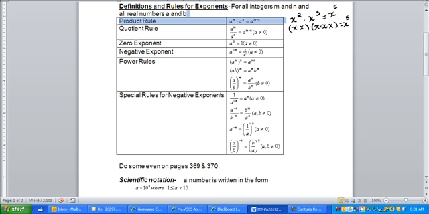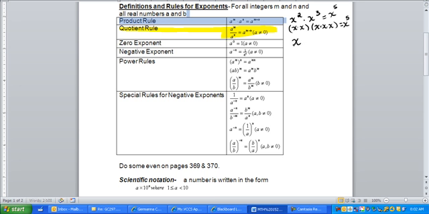Quotient rule is next. On the quotient rule, if we have a to the m divided by a to the n, we can subtract the exponents as long as our base is not equal to 0. We can't divide by 0, so that's the reason for that.